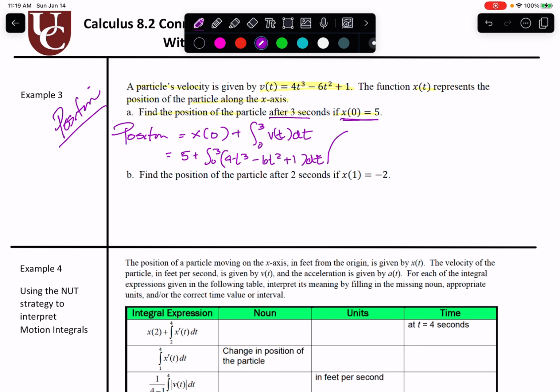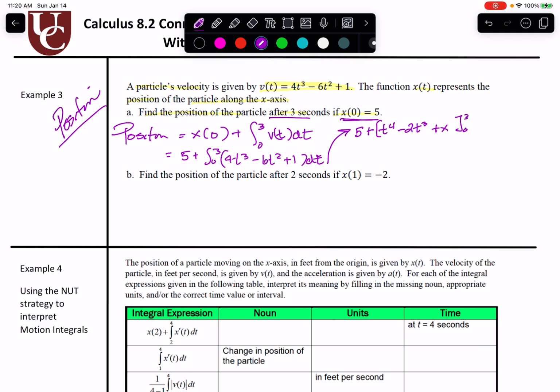Okay, let's move up here. If I take the antiderivative, I get 5 plus 4t cubed over 4, so t to the 4th, minus 2t cubed plus t from 0 to 3.